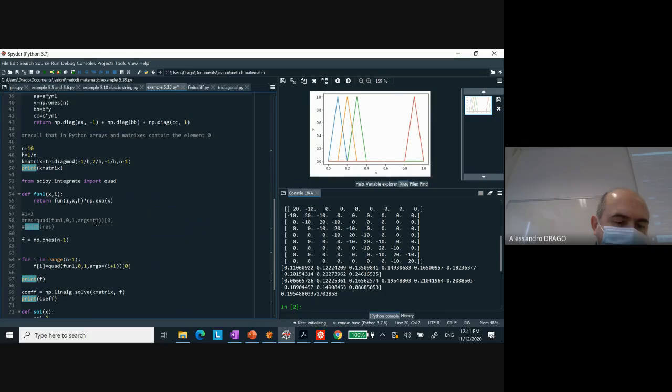Args equal I tells that I is not a quantity on which to integrate. And finally, this bracket 0, as you recall, is because the result of quad is a number and an error. It is a sort of array containing two numbers, the first of which, element 0, is the integral. The element 1 would contain an estimate of the error.